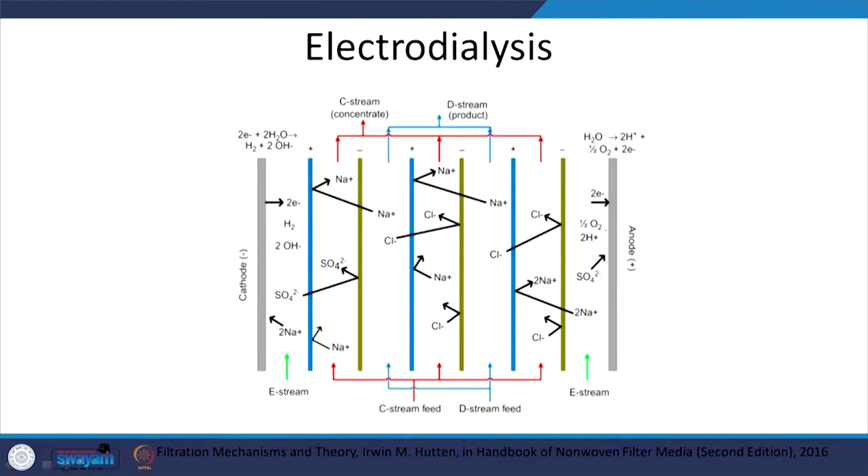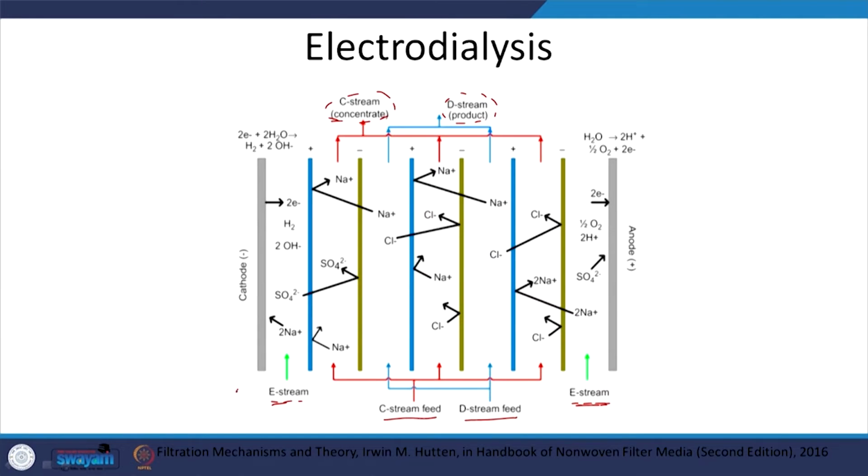So, here is a picture. Note that we have C stream and D stream. D stream is the one that I am collecting for my product, and C stream is the concentrate, or the reject, you can think of it. And E stream can be similar to the same water as the one that you are trying to treat. Again, that is for charge balance related issues, if I am not wrong. So, what do we have here?